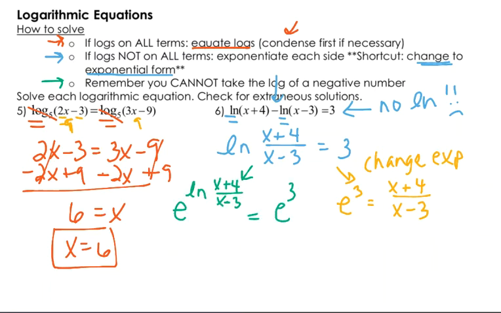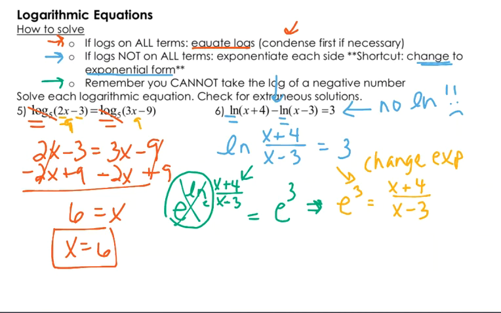Essentially all I did is I gave both sides of the equation a base of e. Now, that looks nasty in my opinion, but if you look here on the left, that e to the ln base e just cancels out, and you have the exact same equation that I started with, just by changing it to exponential form. So that's why I call that a shortcut, because in my opinion, that's a little bit shorter to work with.